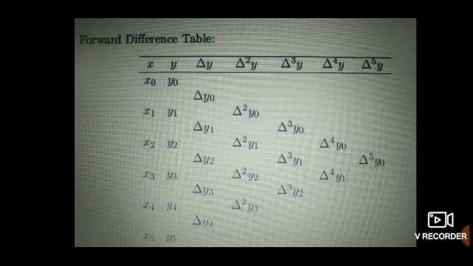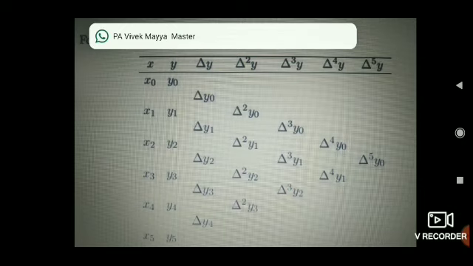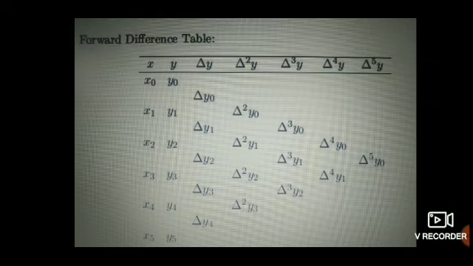Next, y2 minus y1 we write as delta y1. y3 minus y2 we denote delta y2. y4 minus y3 we denote delta y3. y5 minus y4 is delta y4. These differences we call the first forward differences and denote in general as delta y. That is what is written at the top of the third column.